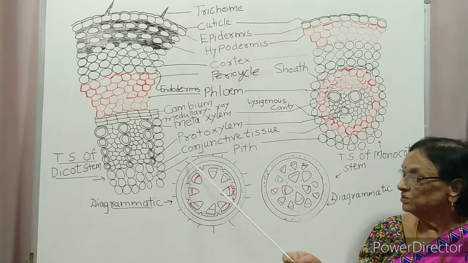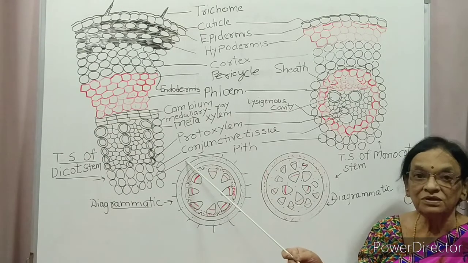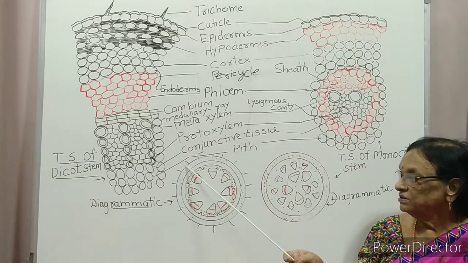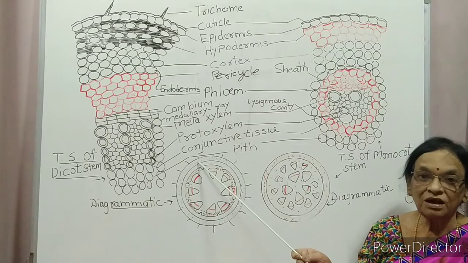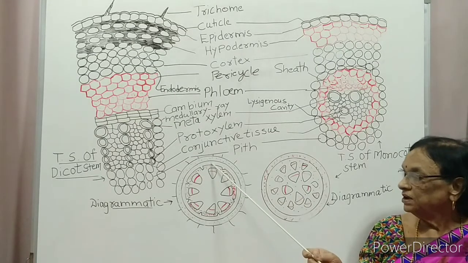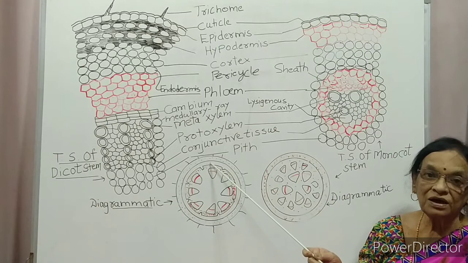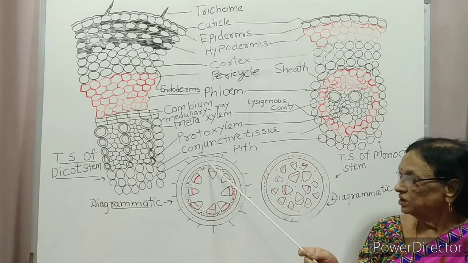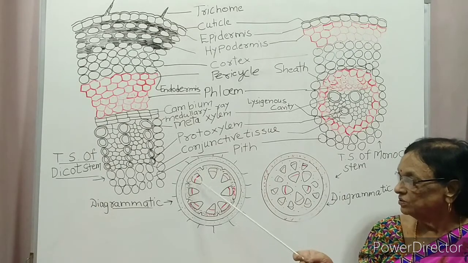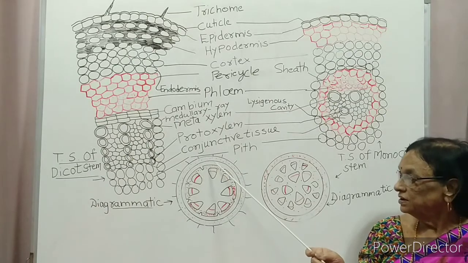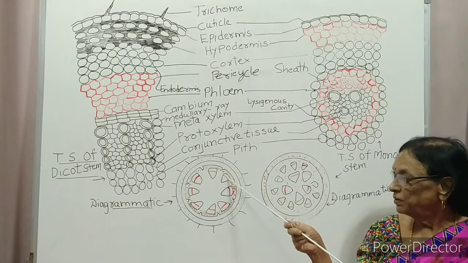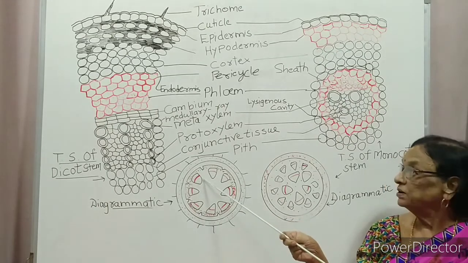All layers are the same. You can see multicellular trichome arising from epidermis, parenchymatous hypodermis, cortex of parenchyma, endodermis. This is endodermis. And can you see the pericycle, red and black patches? Red is above the vascular bundle. Can you see red patches above the vascular bundle?